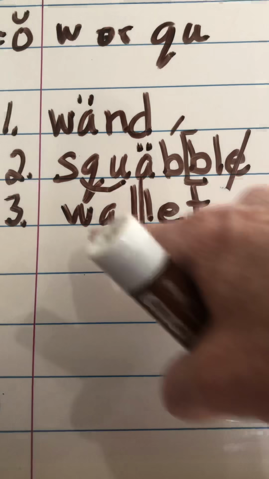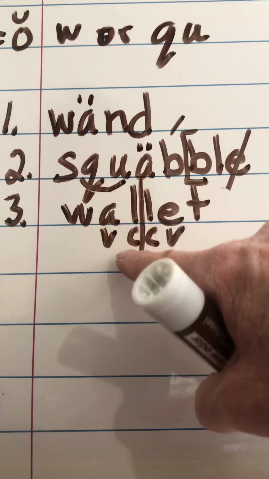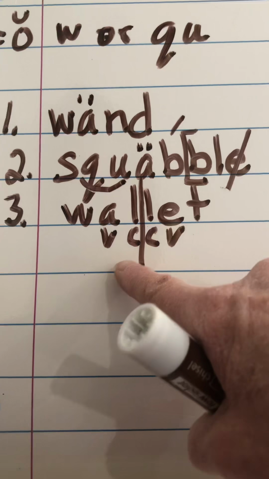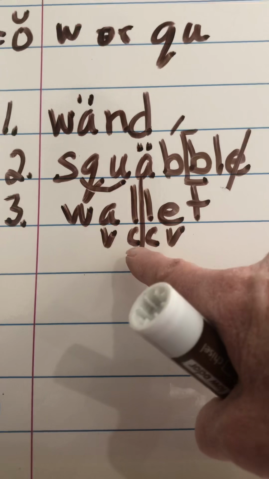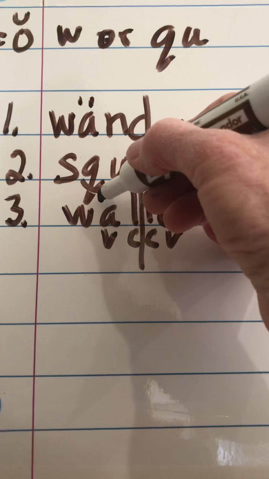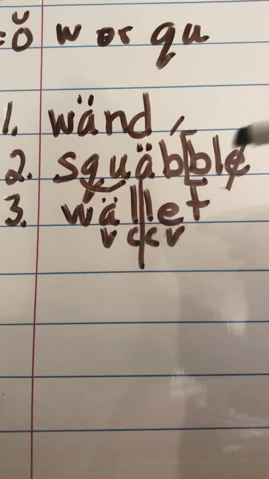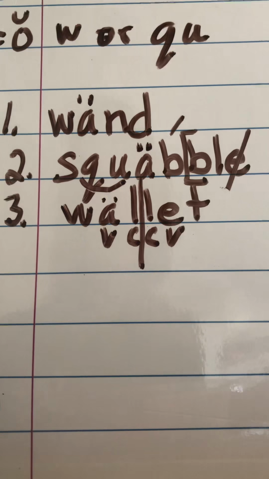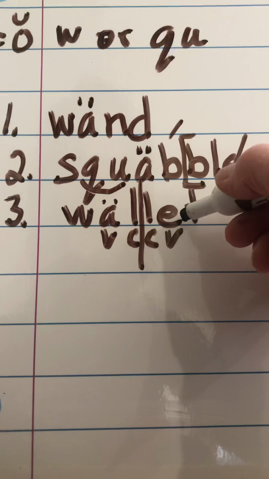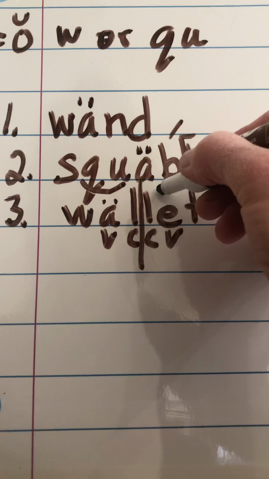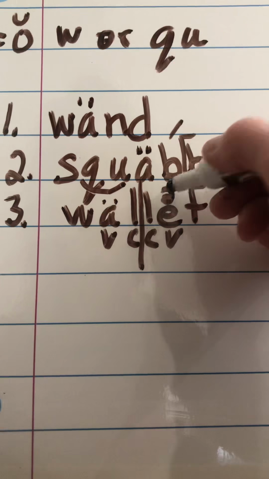Now, again, I have a W there, and I have a consonant, so it's either going to be wallet, or it's going to be wallet, which most of us do know that a wallet is like a little billfold. And the next one, the E, is not saying wallet. So we have to put our upside down E there.